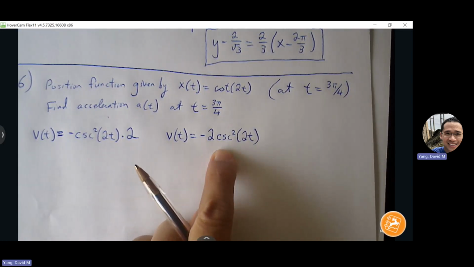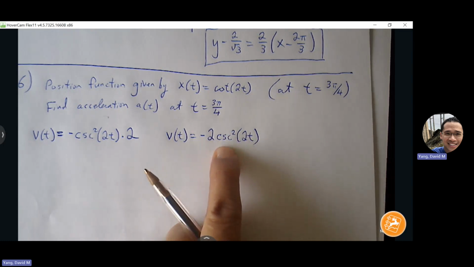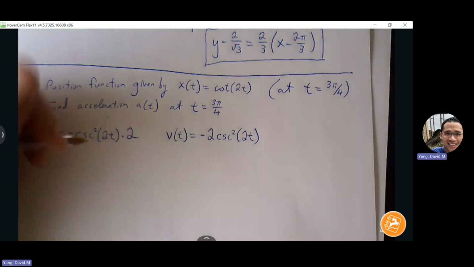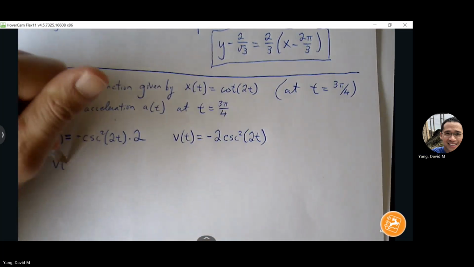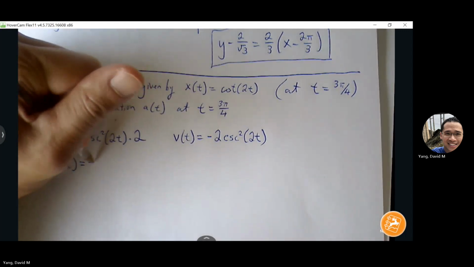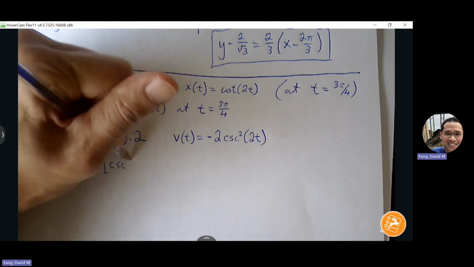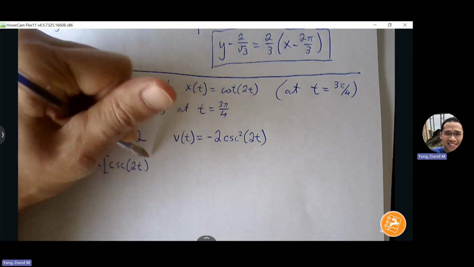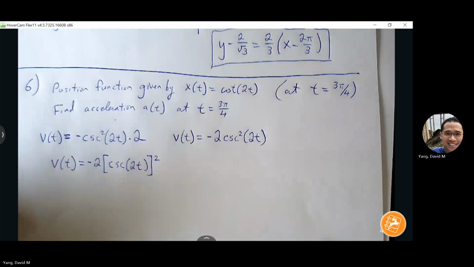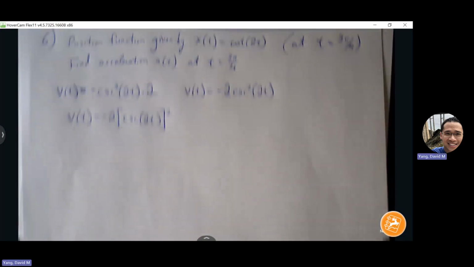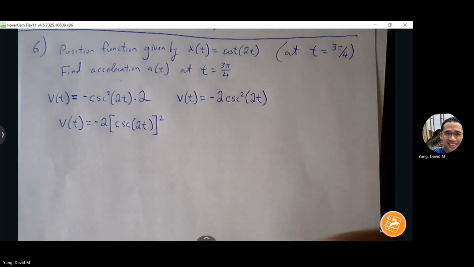We have to keep going to get to acceleration, but before we find the derivative again, a very useful step here is to rewrite it. Spend the time to rewrite it, that way you can clearly see I need to worry about chain rule here. Outside derivative times inside derivative.